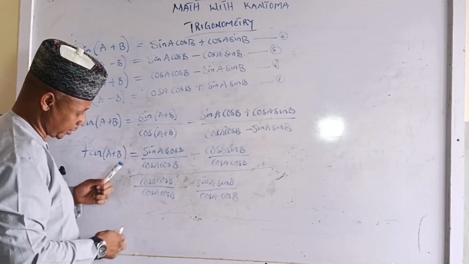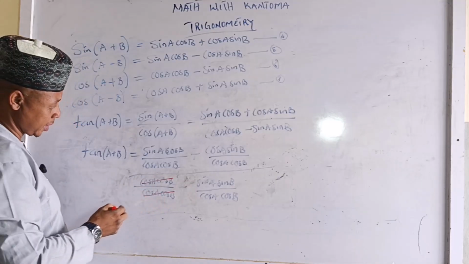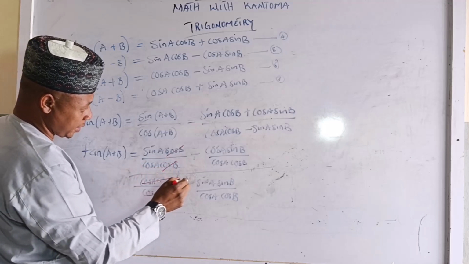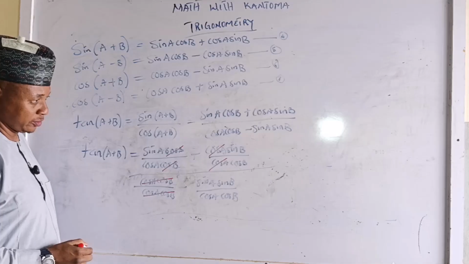This is common. Cos A cos B will cancel cos A cos B. And likewise here I have cos B will go with cos B. Here I have cos A will go with cos A. So these are uniform, right?